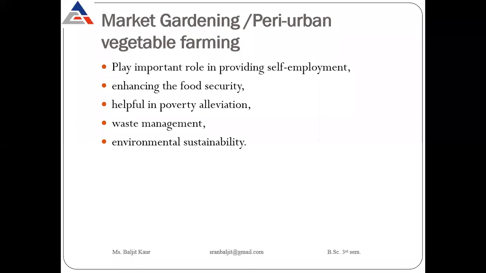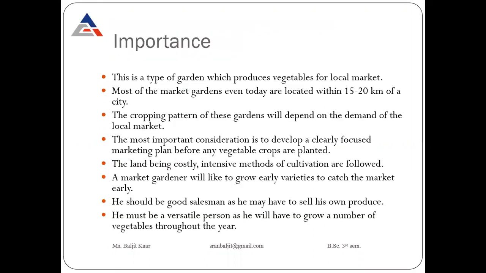So this plays an important role in providing self-employment. It enhances the food security. It is helpful in poverty alleviation. We can manage the waste properly, as the waste from the crops, waste from the trees, plants can be used efficiently for mulching in the vegetables, and it also provides environmental sustainability.